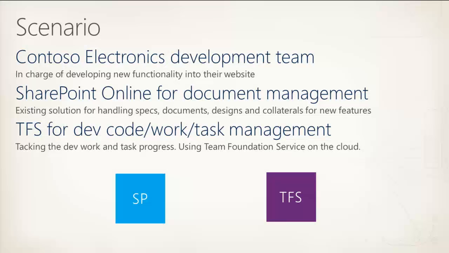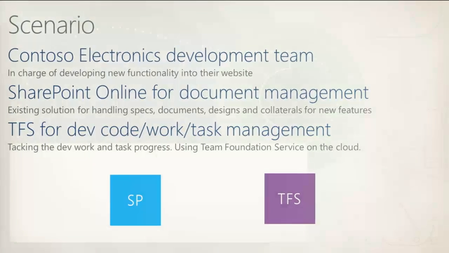They have a SharePoint Online document management solution where they have a website that contains a list, and they're using document sets to track different documents and related content that they need when they're developing their feature. And they're using TFS Online to track the dev work and the code itself and who's doing what and what's the current state of things.